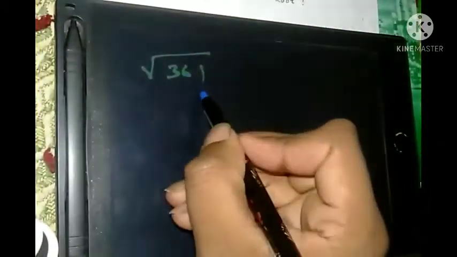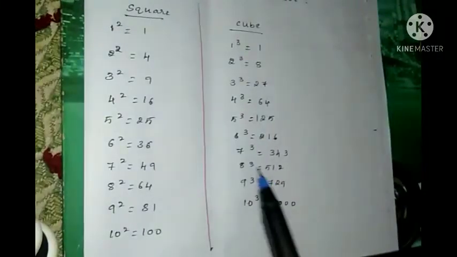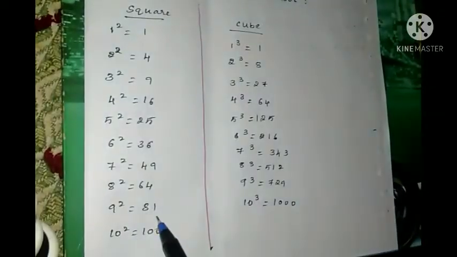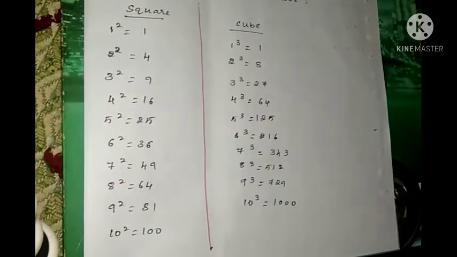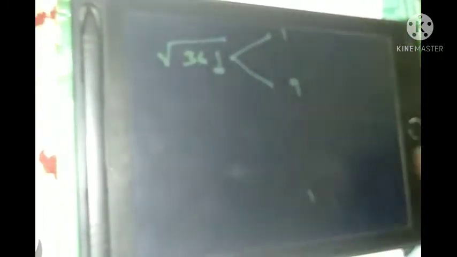361. Okay, the last digit is 1 in this table. At which squares is 1 the ending digit? At 1 square, 1 is there, and 9 square, 1 is ending. Write down 1 and 9.